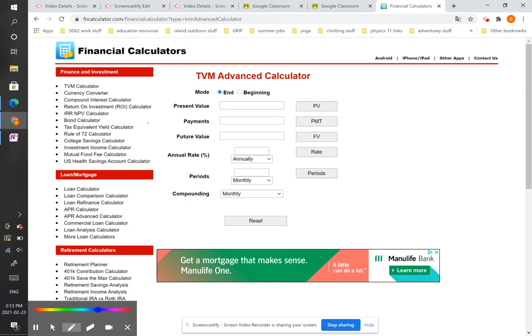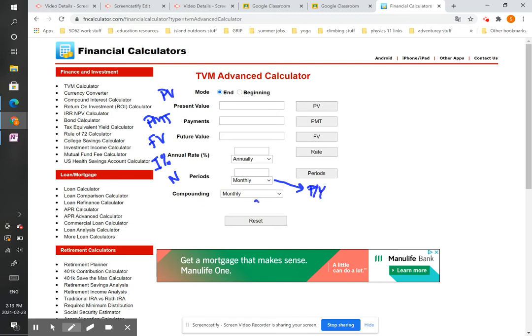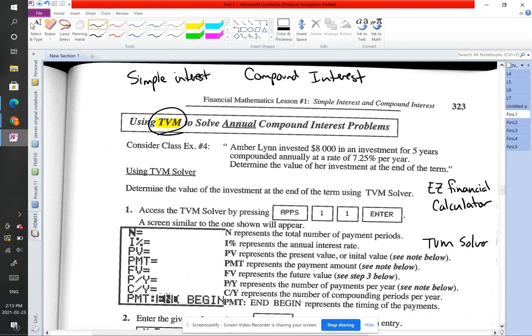So maybe I can just say PMT, PV, FV, this is I percentage, this is N, and then down here, that little drop menu is your PY and CY. And so we just have to learn how to use this calculator, and we're going to get a lot of practice.